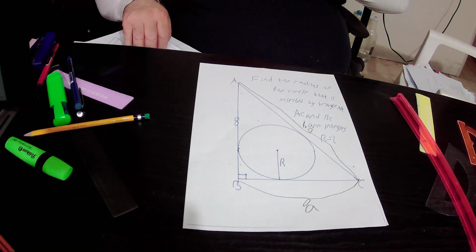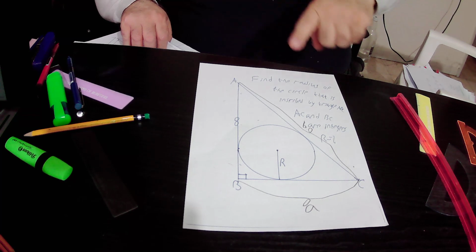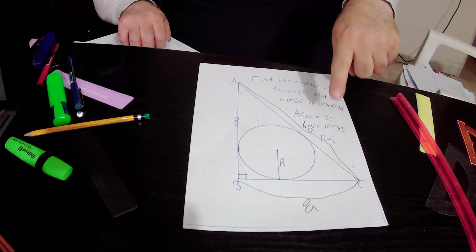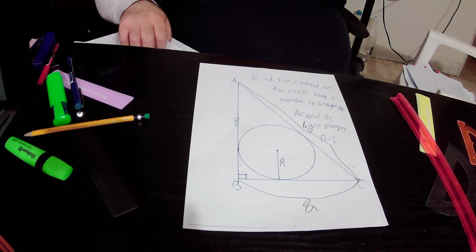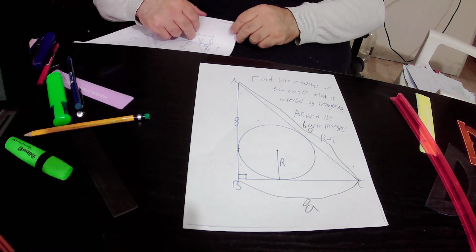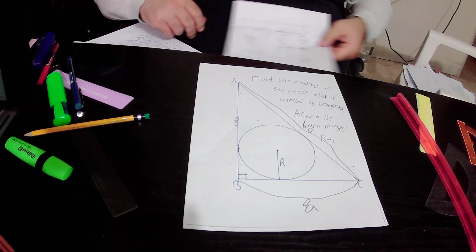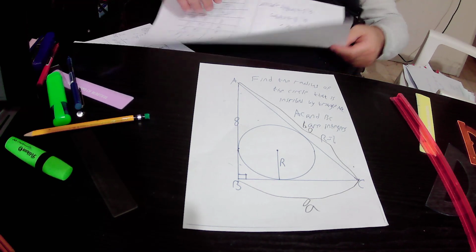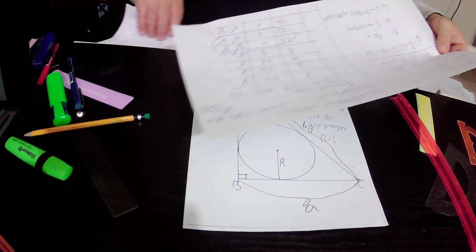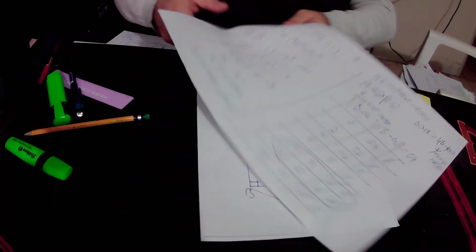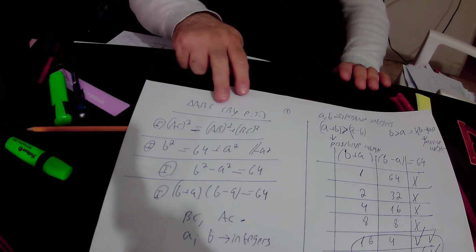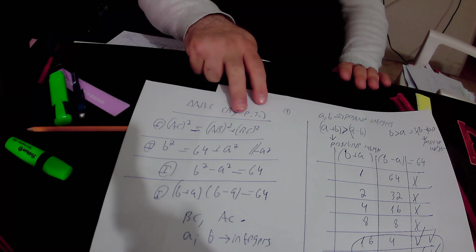Okay, so first of all, we define side BC as A. We define side AC, that is the hypotenuse of triangle ABC, as B. And then we implemented the Pythagoras theorem on the right triangle, triangle ABC. According to the Pythagoras theorem, the square of the hypotenuse equals the sum of the squares of the perpendiculars. That is to say, AC square equals AB square plus BC square.